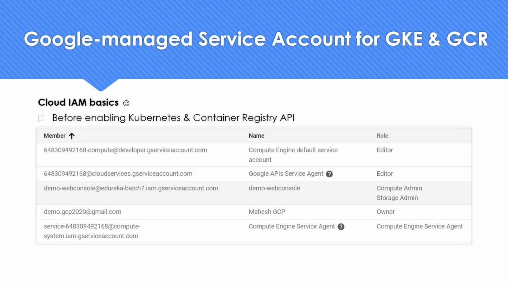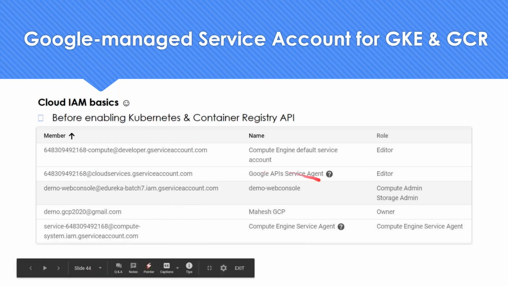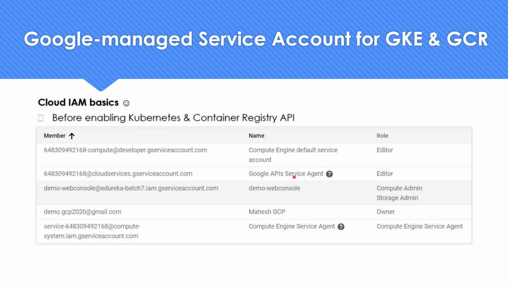For example, here. That's the reason I told you IAM will never stop. It is always going to continue. So here we are going to turn on certain APIs. When we turn on those APIs, you will see that before it, there's only this one, the Compute Engine default service account, one Google-managed service account.